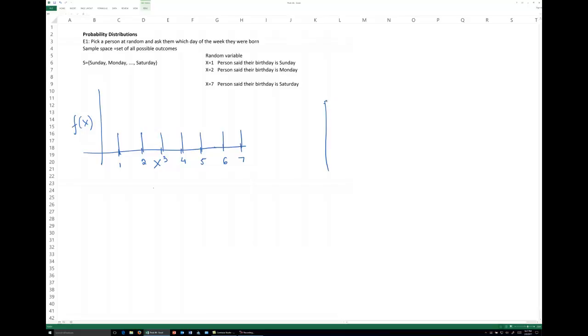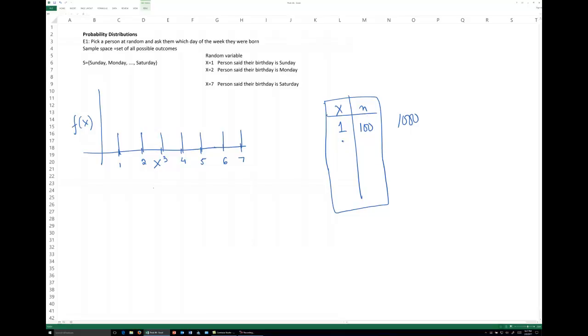I get the following table. Let's say I look at 1,000 births in the previous year, and I find that out of those 1,000, 100 were born on Sunday, x equal to 1.